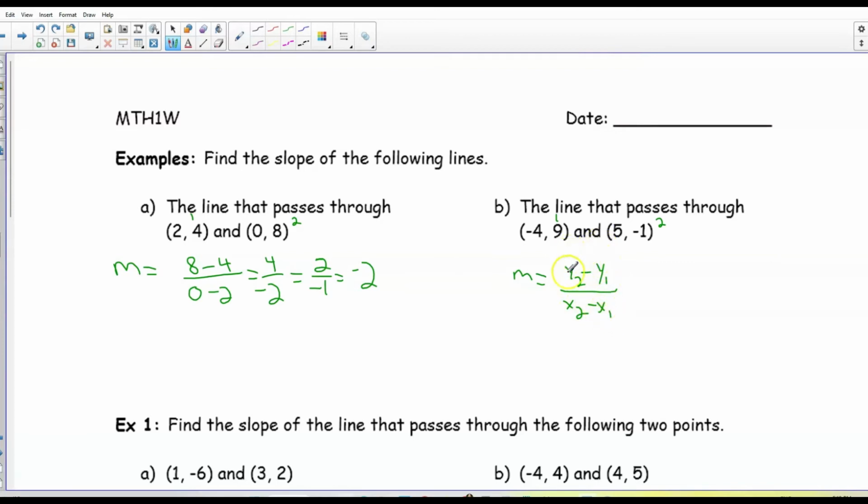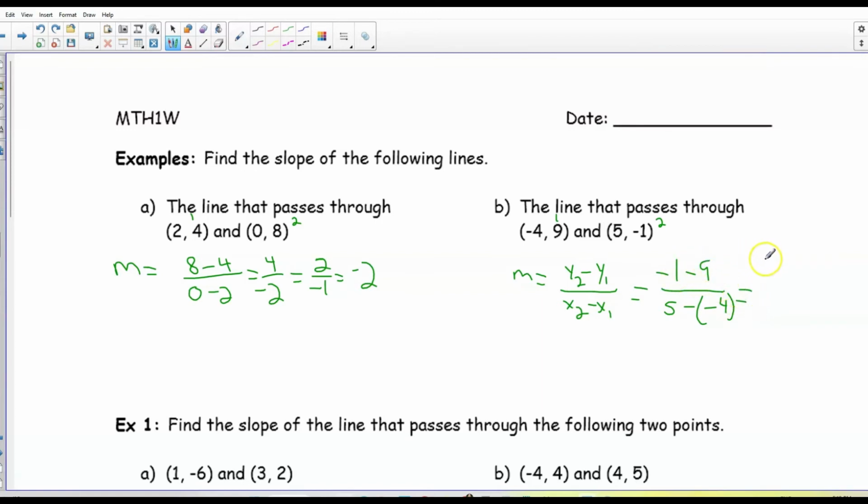So we've got to have our y's as the first number, our 2's as the first number, and our 1's as the second number. So y2 is negative 1 minus 9 over 5 minus a minus 4. I'm going to put minus 4 in brackets just so that we can see that something weird's going on and we got 2 negatives in a row.